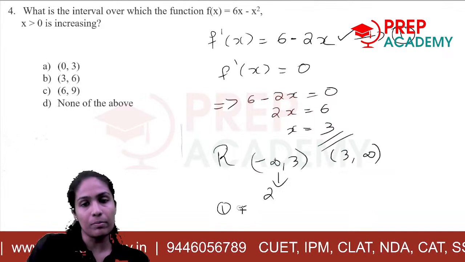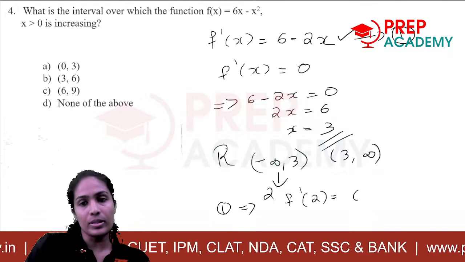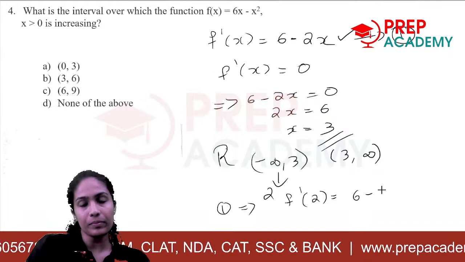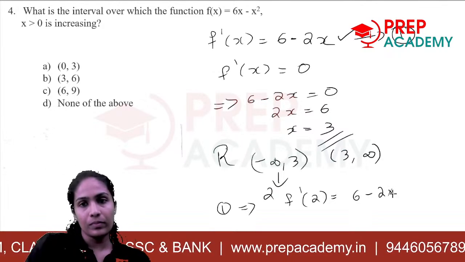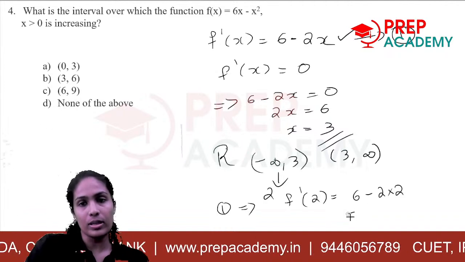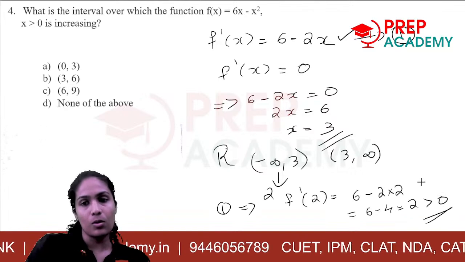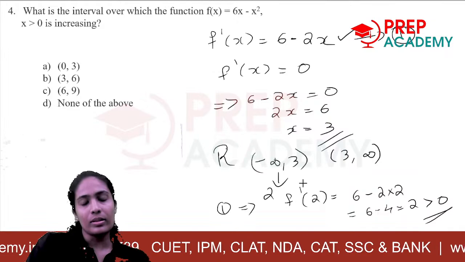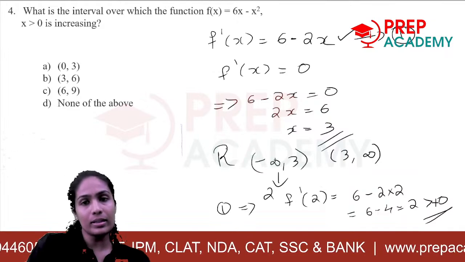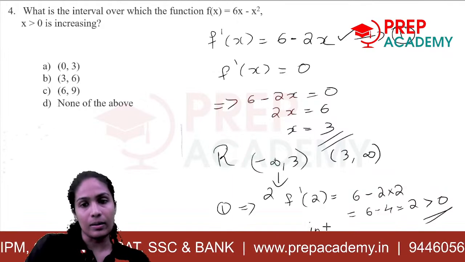So f dash of 2 is equal to 6 minus 2 into 2, that is 6 minus 4, which is equal to 2, greater than 0. So in this interval the derivative is greater than 0, and greater than 0 means the function is increasing.